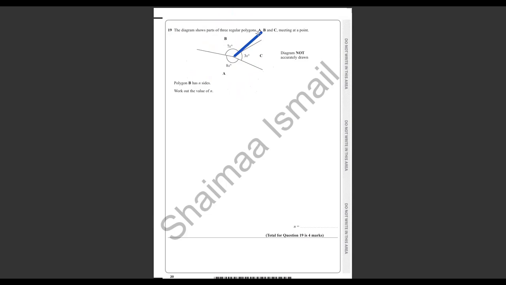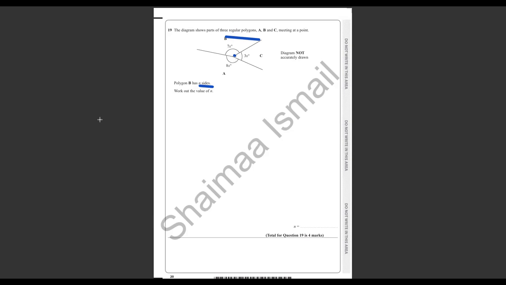So the diagram shows parts of a regular polygon A, B, and C at a point B. Okay, it has n sides. Work out the value of n. So he wants to know the number of sides.